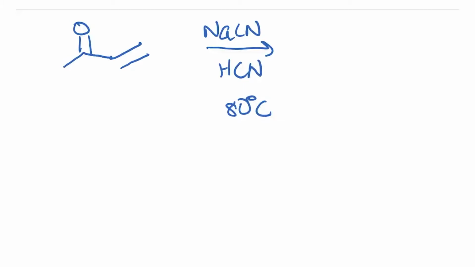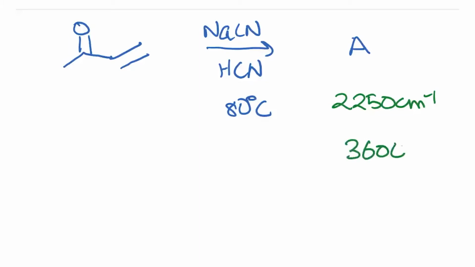Now I get this product A. This product has a signal at 2250 centimeter inverse, and it does not have a peak at 3600. This is absent. But instead it has a peak at 1715 centimeter inverse.